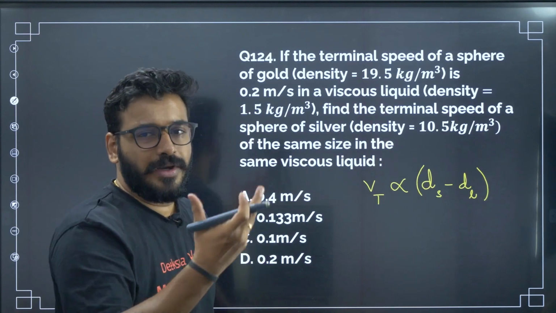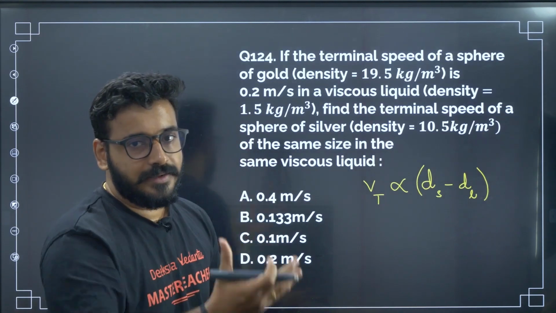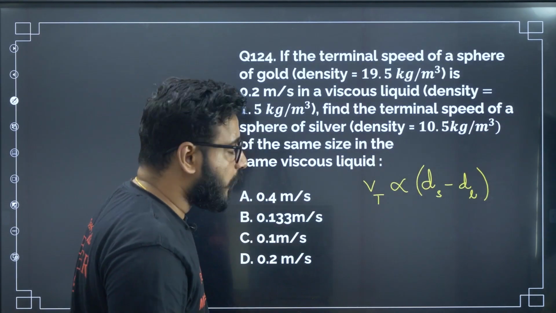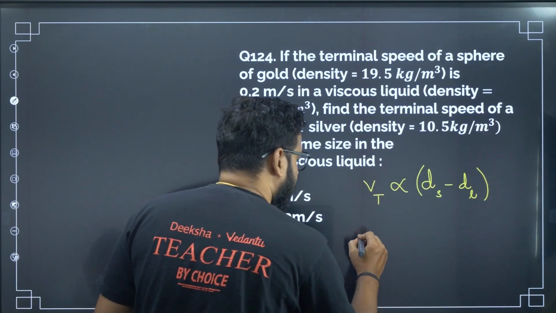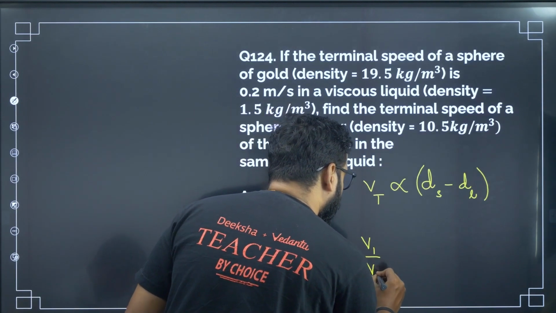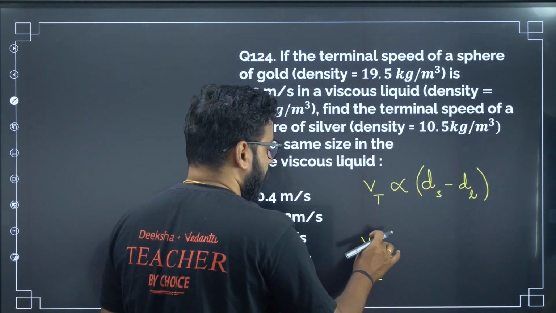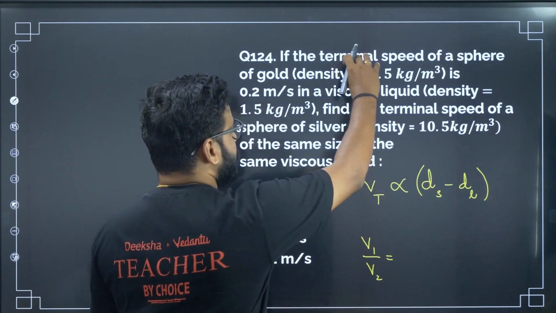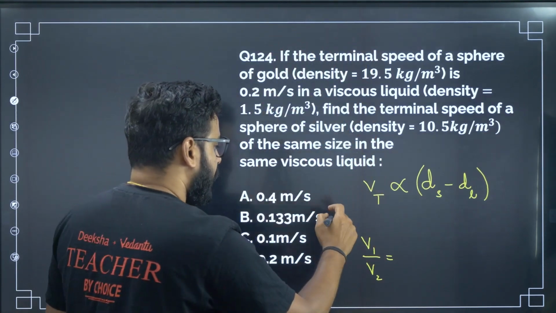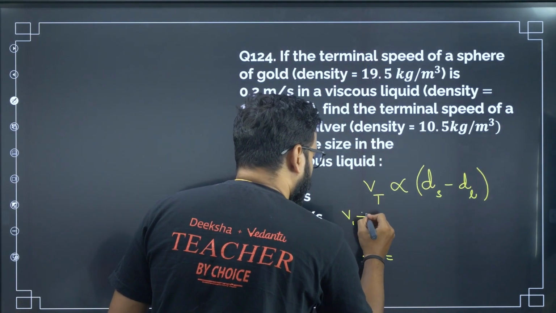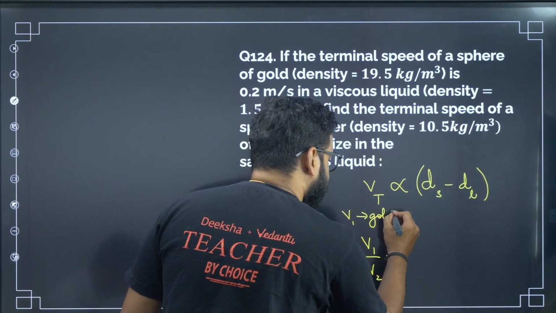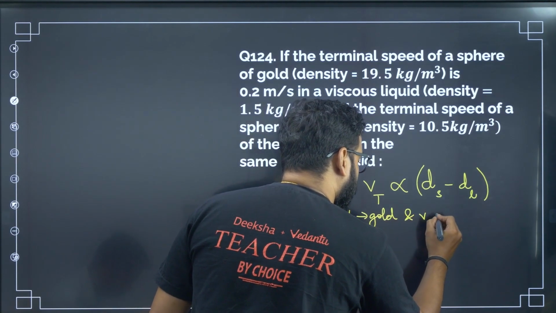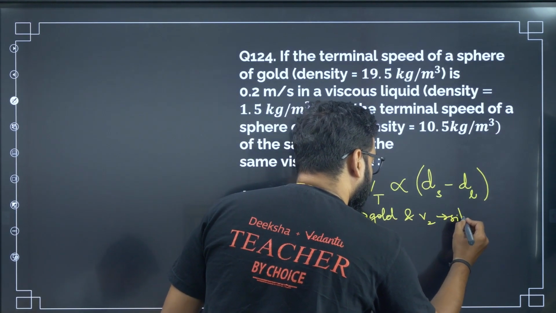That is, the density of the solid falling into the liquid, and the liquid density. So if you want to take a ratio, V1 by V2 is equal to the density differences. Let's assume V1 is the velocity of gold and V2 is the velocity of silver.